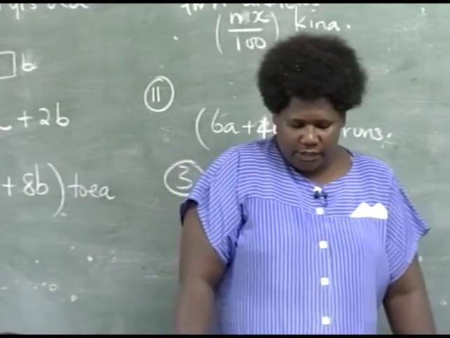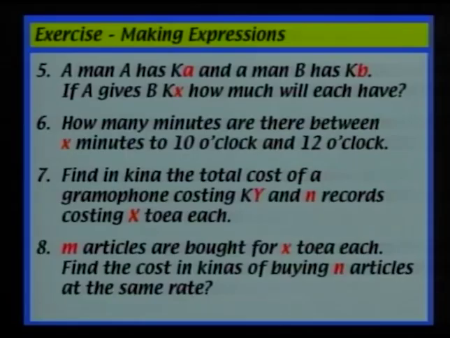Number 5, since we've done number 4. A man A has A kina and a man B has B kina. If A gives X kina to B, how much will each now have? George, how much will A have?